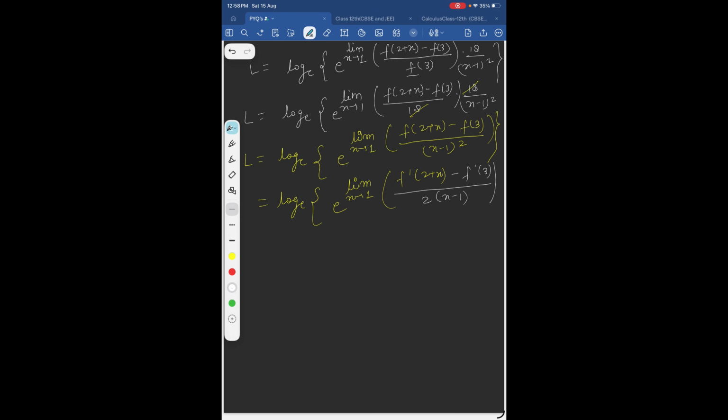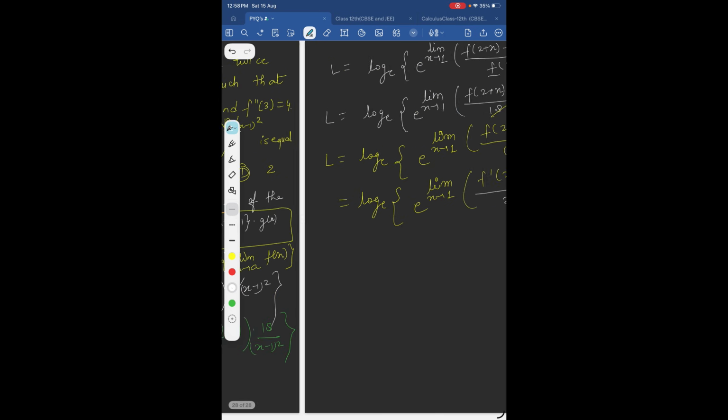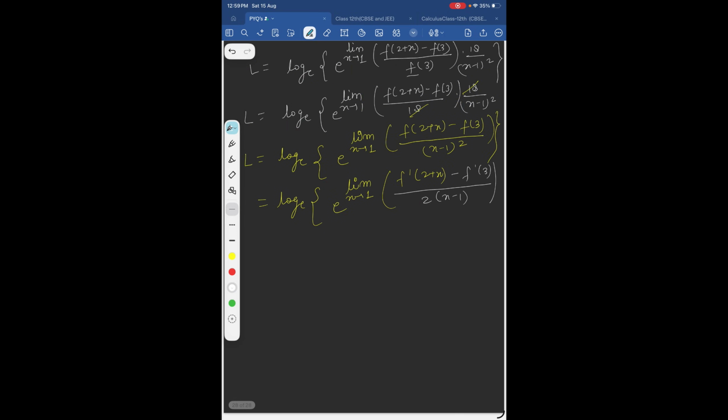Now f'(3) is given as 0. So this is equal to log base e power limit x tends to 1 of f'(2 plus x) minus 0 upon 2(x minus 1).